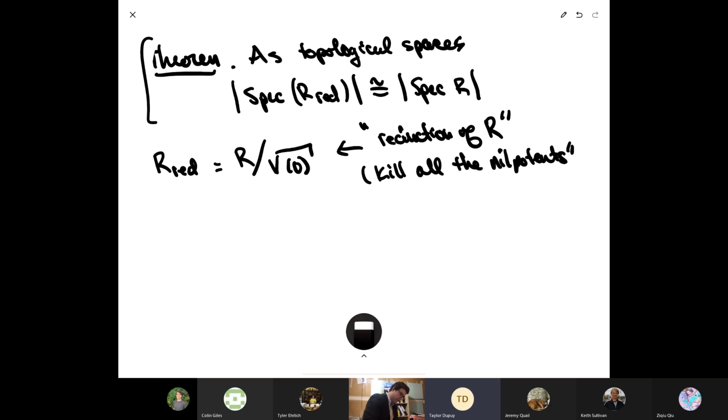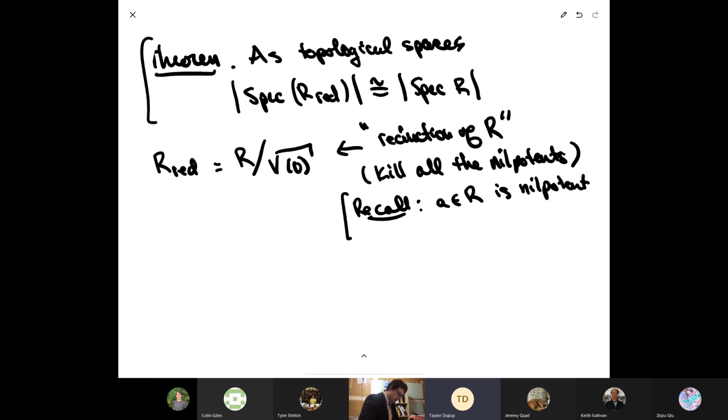And nilpotents, let's just recall this real quick. An element a in R is nilpotent if a to the n is equal to 0 for some n.